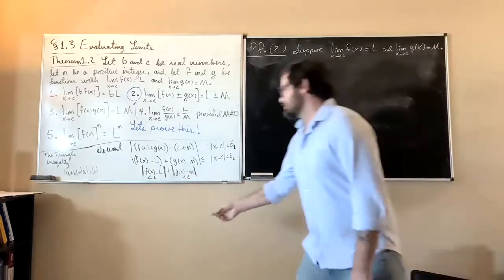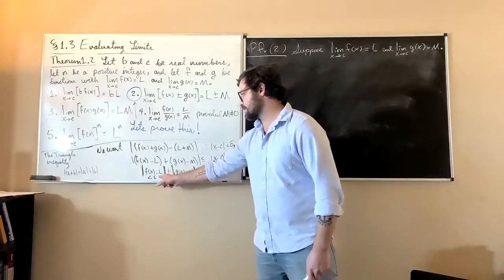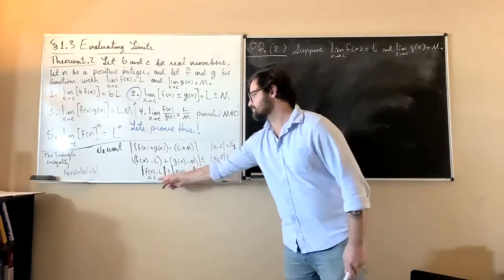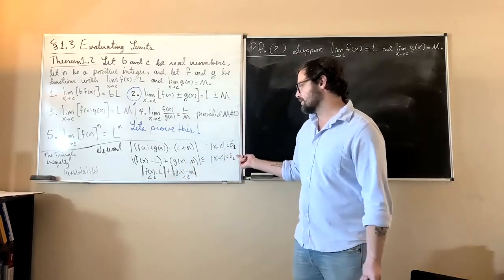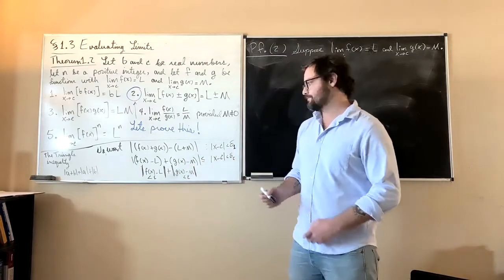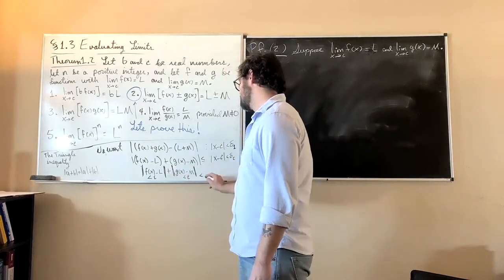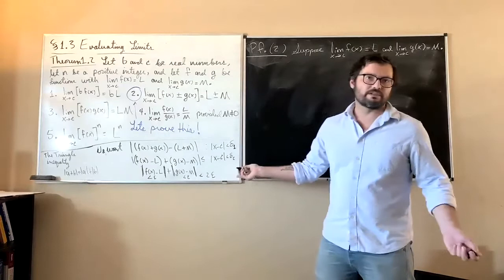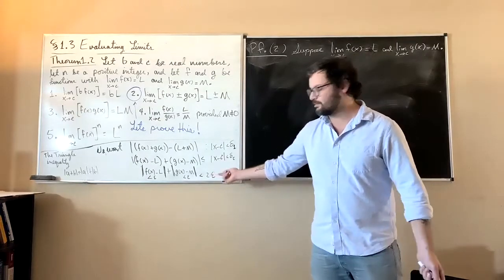If that's less than epsilon, and that's less than epsilon, then that sum is at most 2 epsilon, which is like choosing any positive number again, because epsilon is any number, so twice of it doesn't matter.